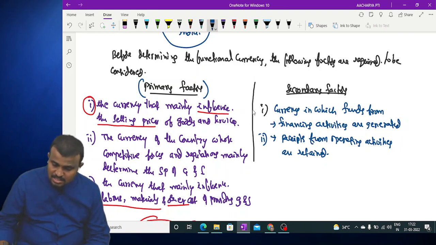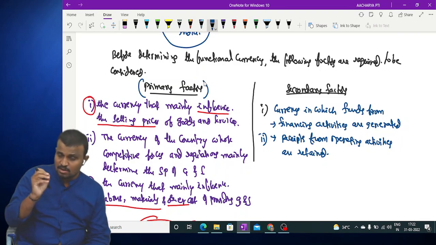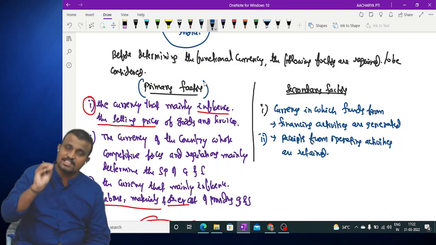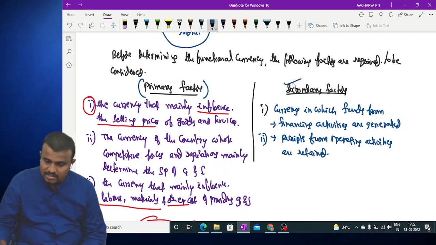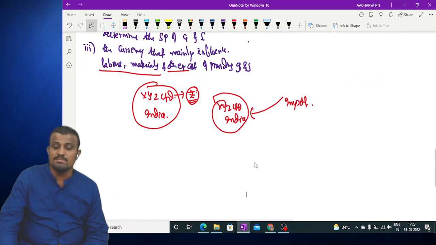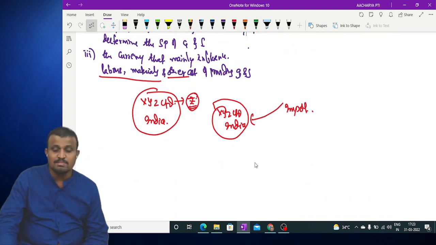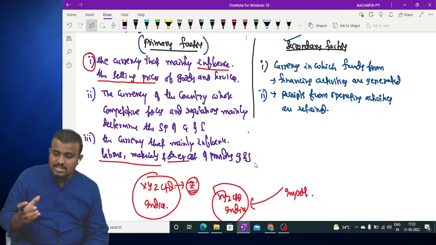And another thing is, if primary factors are not useful to decide the respective currency as the functional currency, then we use the secondary factors. For example, there are some gaming companies where the sales are generated from different countries.